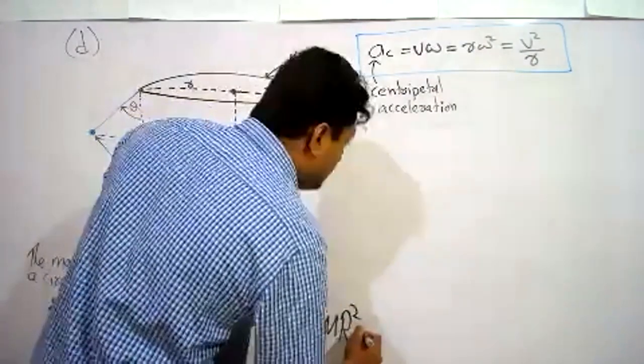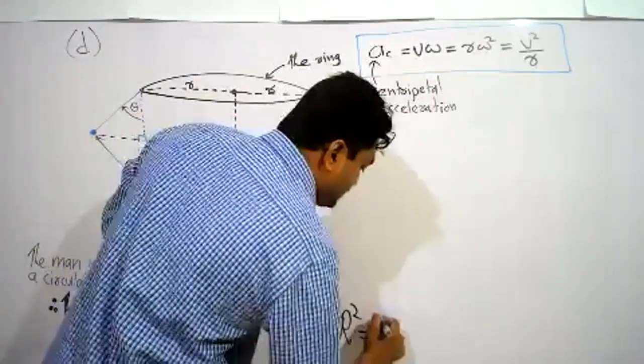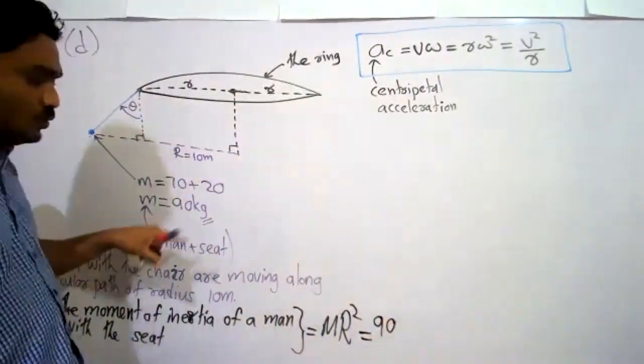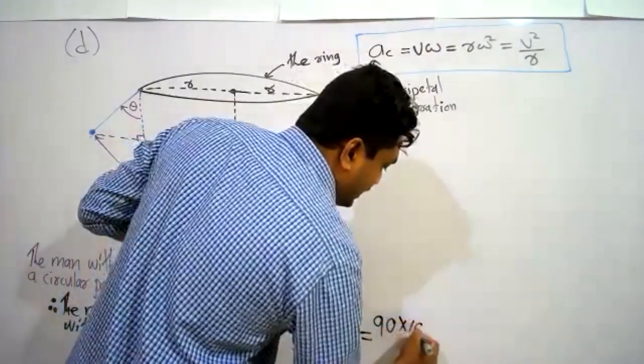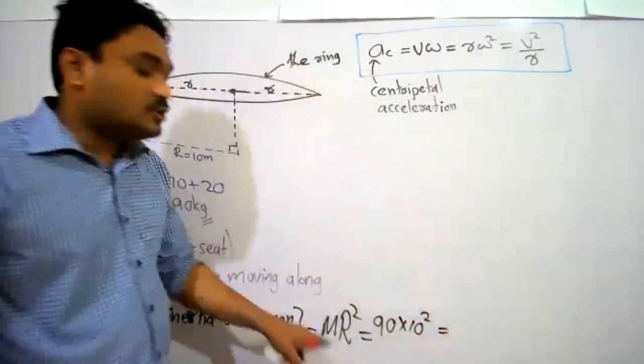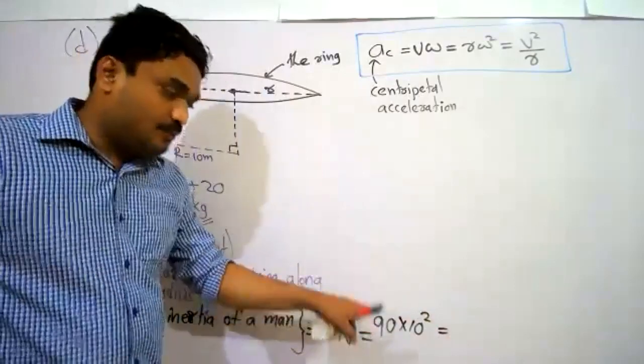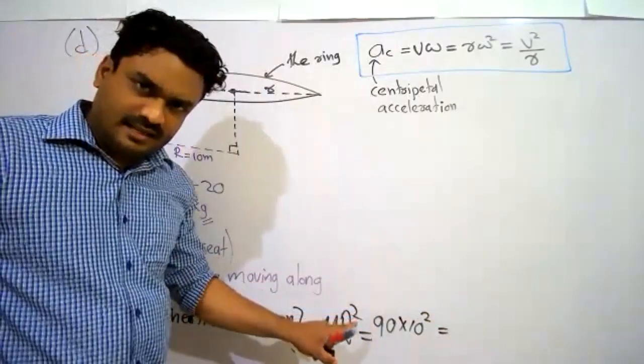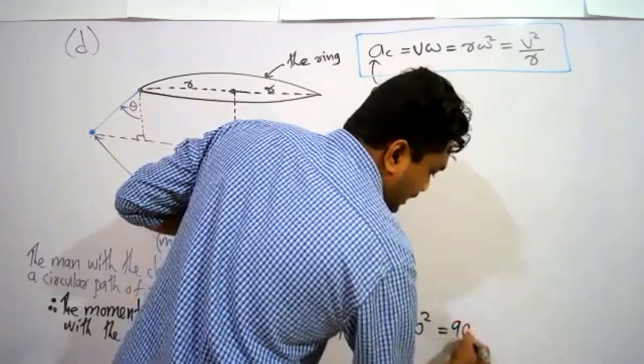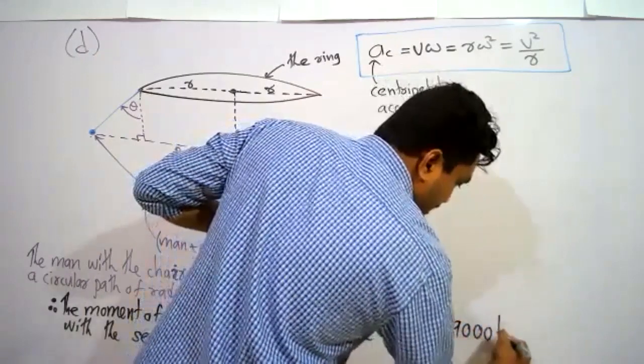M is 90, the total mass is 90 kilograms. R is 10, we have to get the square of 10. Square of 10 is 100. 100 into 90, 9,000. The unit is kg m squared.